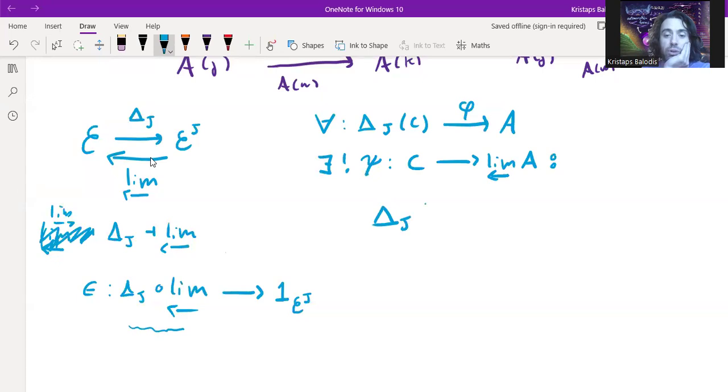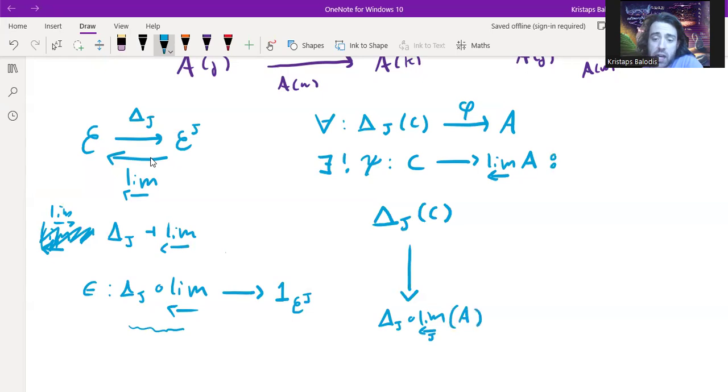So if you recall the co-unit definition, the defining diagram, I'm just unpacking what that means in this context. So I have delta JC down to delta J of the limit. And actually, I should be writing a little j underneath here, just so you know it's the limit adjoint to this thing.